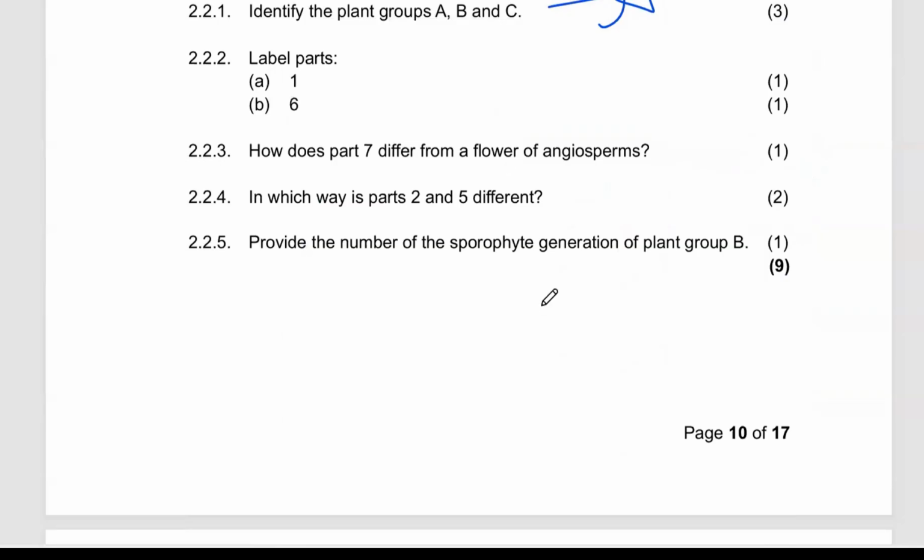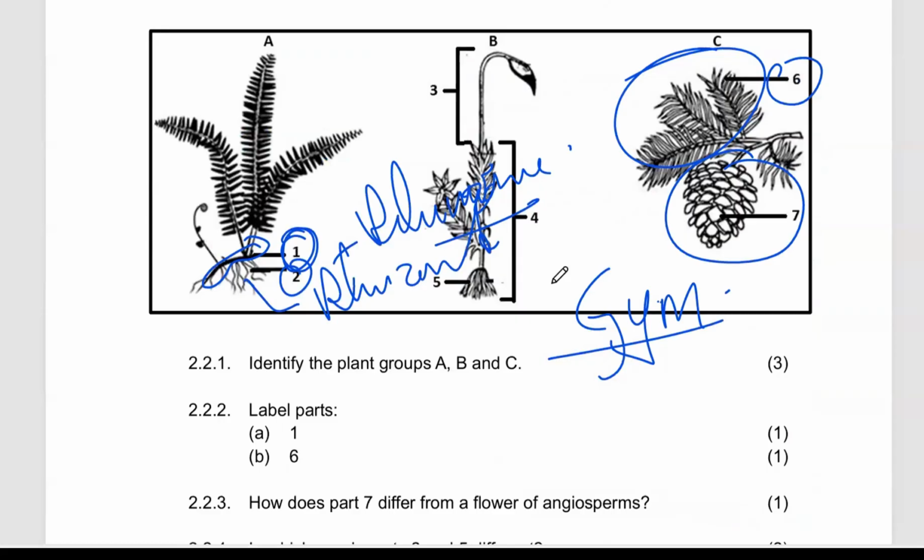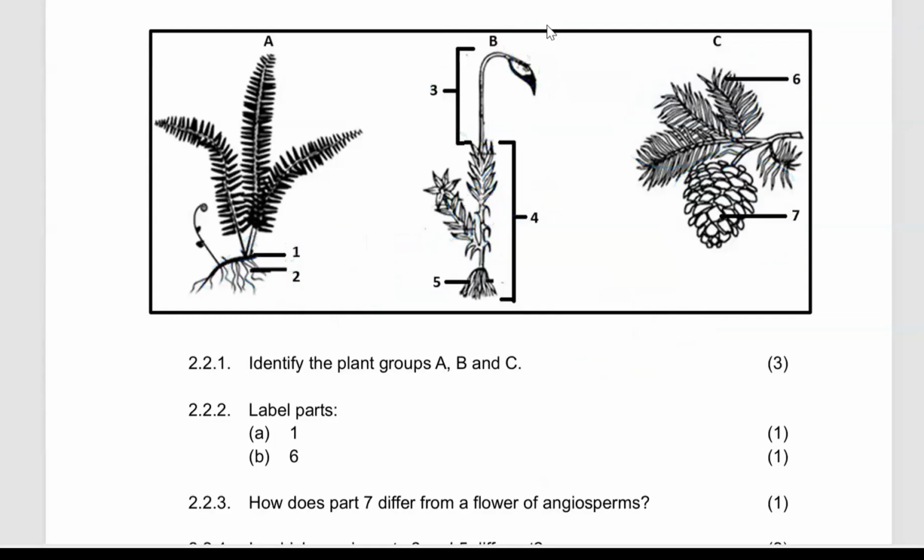Provide the number of the sporophyte generation of plant B. They are saying provide a number. Remember, this is the sporophyte, and this is the sporangium, and then this one is the gametophyte. Remember, in the moss, the dominant generation is the gametophyte.